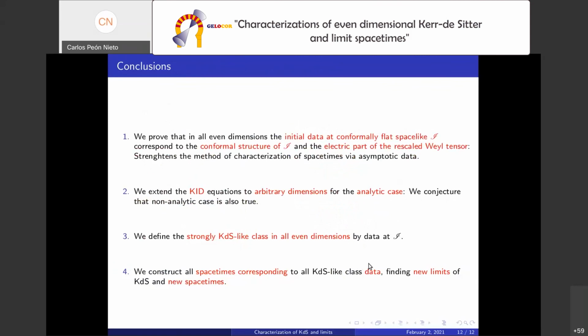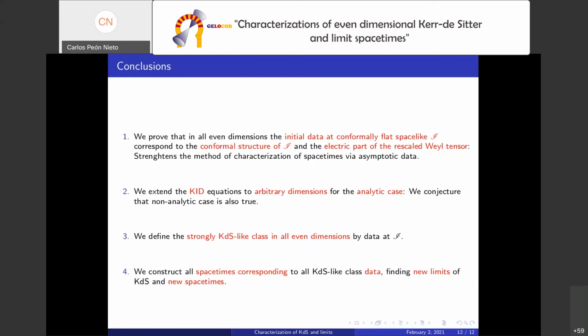So summarizing, we have proven that in all even dimensions, the initial data at a conformally flat spacelike scri corresponds to the conformal structure of scri and the electric part of the rescaled Weyl tensor. We have extended the Kidd equations to arbitrary dimension for the analytic case, but we believe that this is going to be true in the non-analytic case as well.